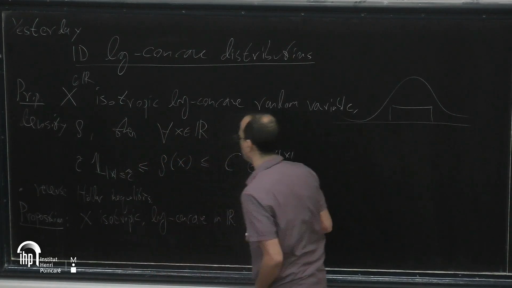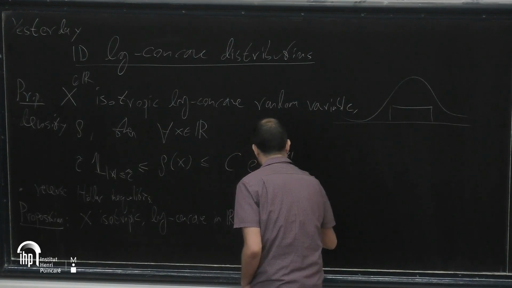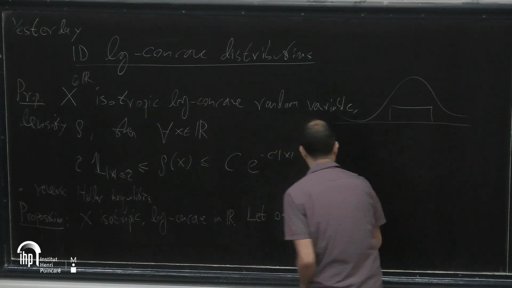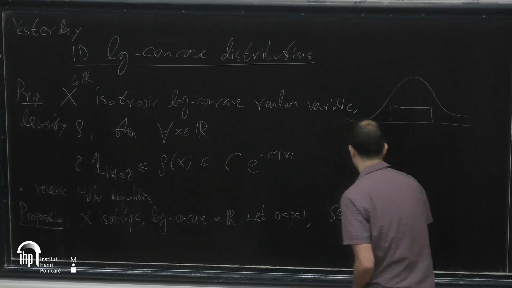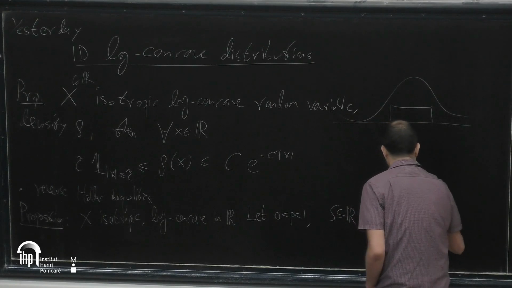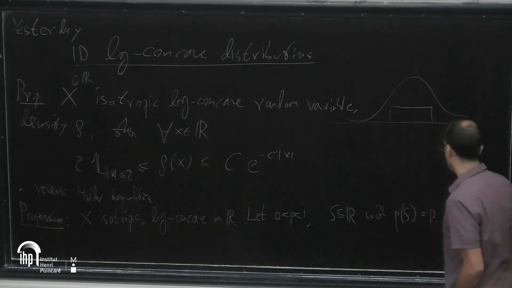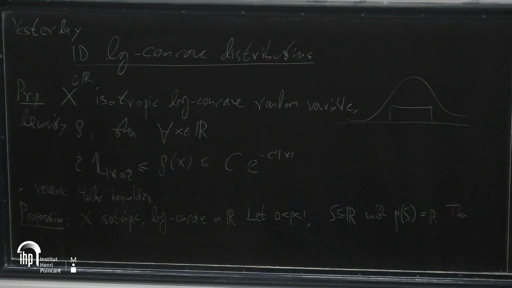As for isoperimetry, let's fix some number p. And let S be any Borel measurable subset of measure p. Now, as in Joseph's lecture, I'm going to deal with isoperimetry through epsilon neighborhoods.